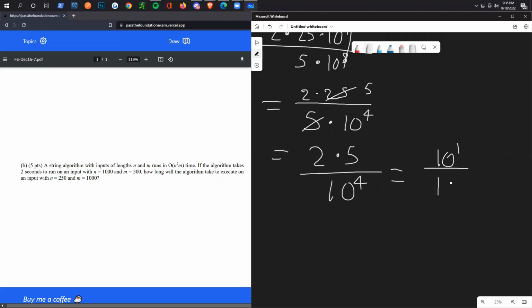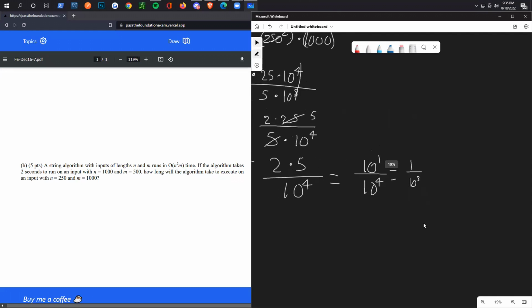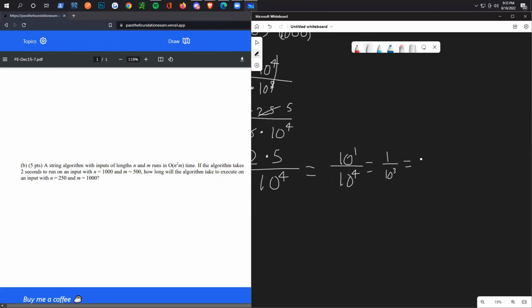So 10 to the 1 over 10 to the 4. Subtract these out: 1 over 10 to the 3. So there's going to be 1 divided by 1,000, which is 0.001 seconds. So this should be the final answer.